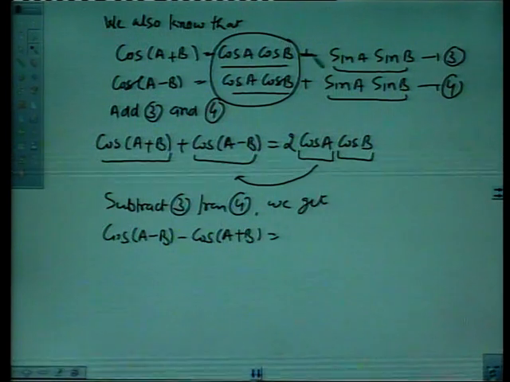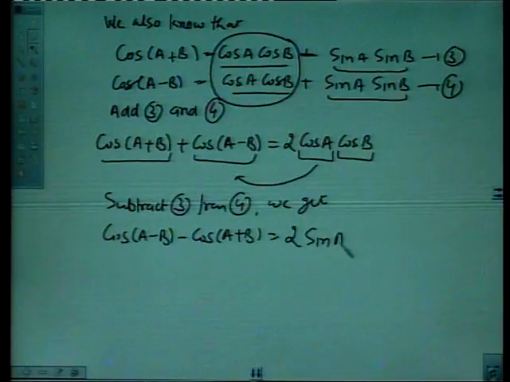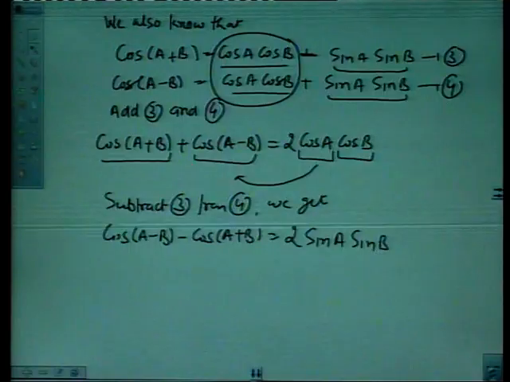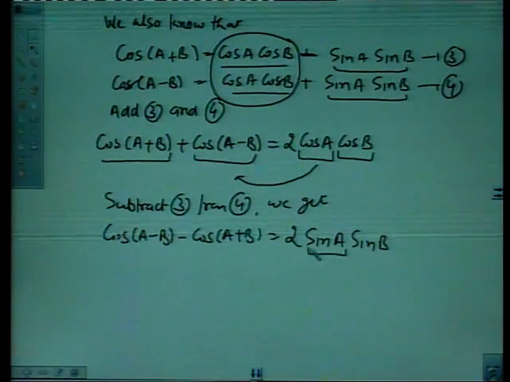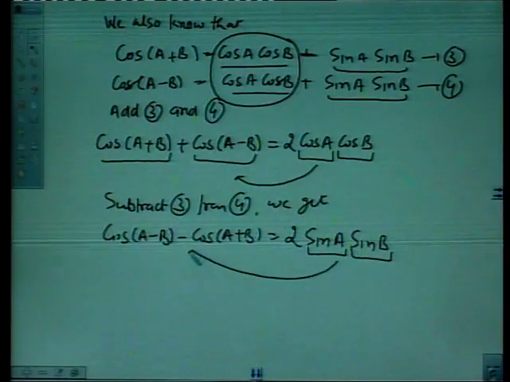So, minus minus becomes plus, and we get 2 times sin A sin B. So, what we get? Here we transform the product into the difference of two trigonometric functions. So, this is our theme. So, ultimately what we have, thus what we obtain?